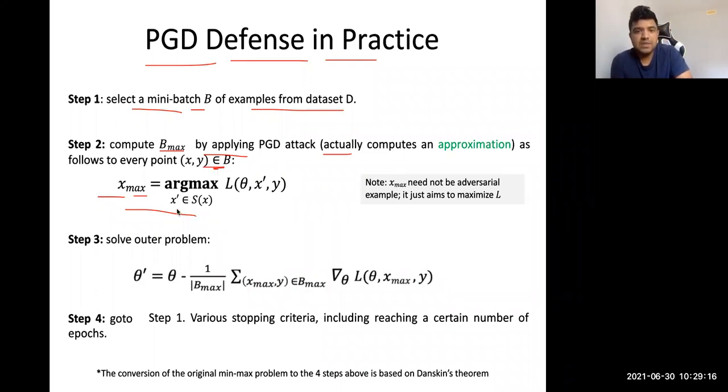And similarly, as we saw on the previous slide, we want to maximize the loss around the point Sx for every x prime. And here we linearize our inner maximization problem, and we calculate an approximation. And then we use that approximation to solve our outer maximization problem.